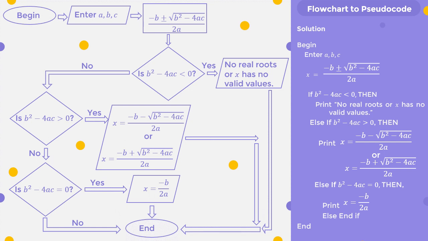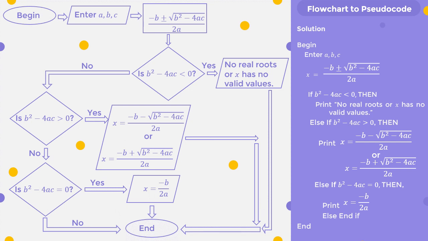The no, which is the else, is taking us again to a diamond box, which is a decision. So the keyword for a decision is the if. If what is in that diamond box is b squared minus 4ac greater than 0, we are saying yes.